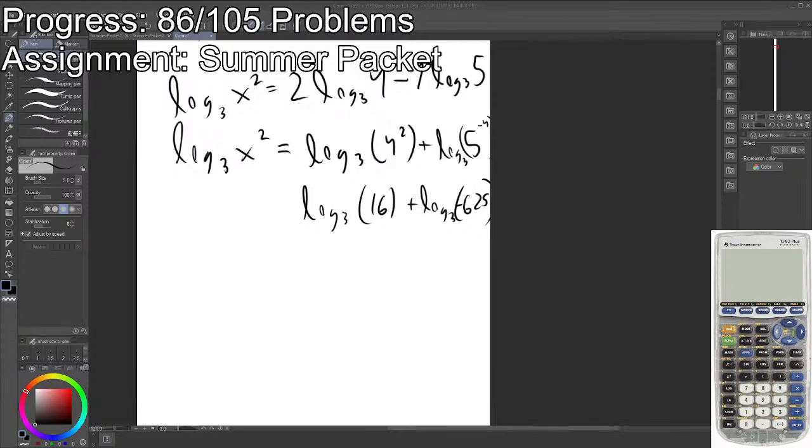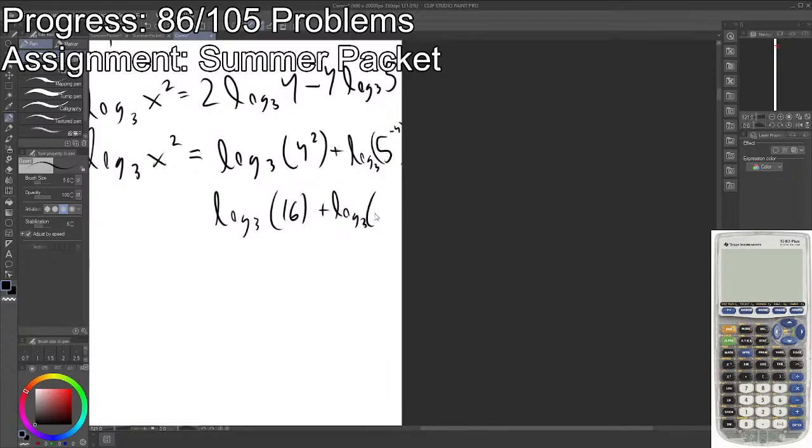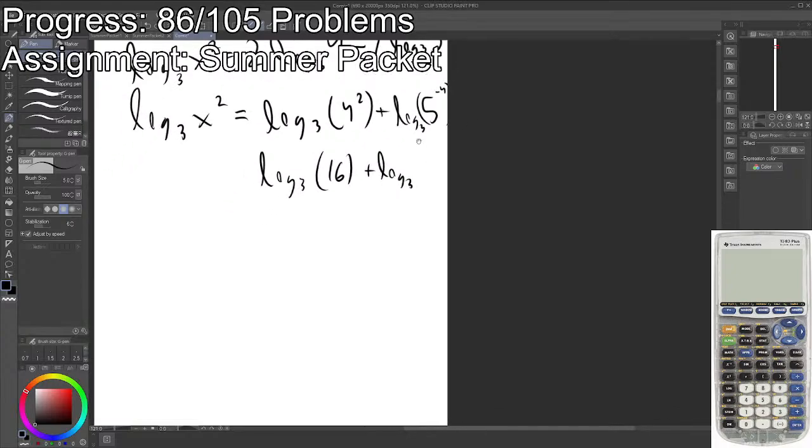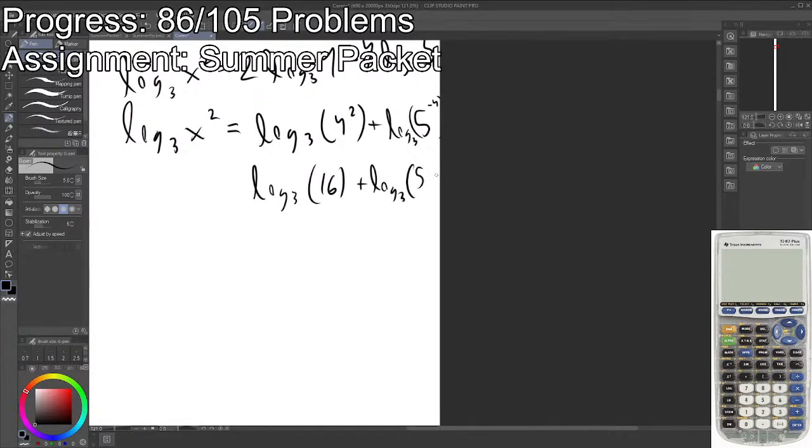Wait a minute. Oh wait, no. It's 1/625. Forgot how negatives work. Alright.